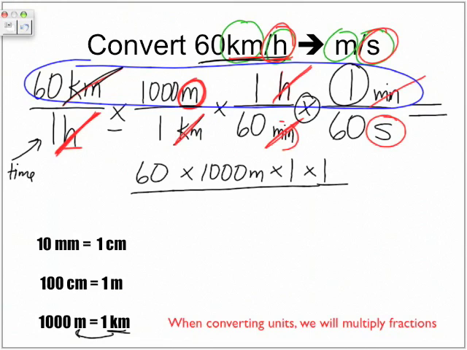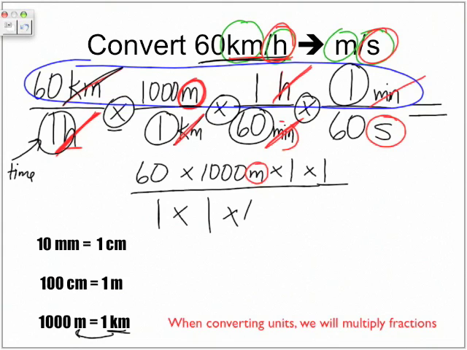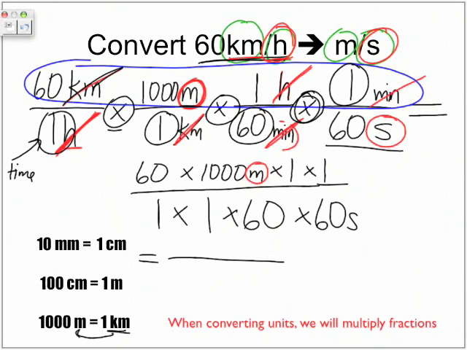Notice how the only units up in our numerator is the units that we need, meters. In our denominator now, we have 1 multiplied by 1 multiplied by 60 multiplied by 60 seconds.